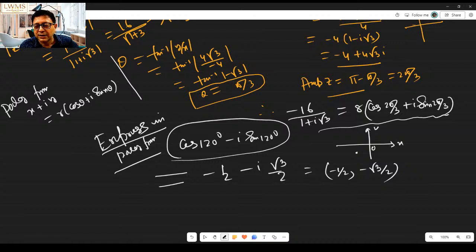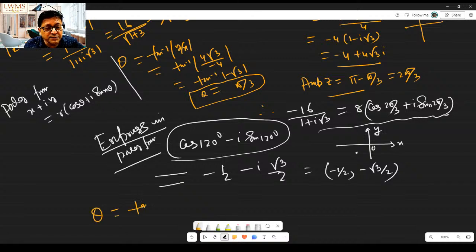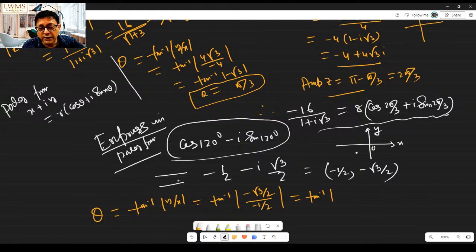This is x, this is y. So in this quadrant it will be theta minus pi. But what is theta here? Let us find theta. Theta we have defined for this form as tan inverse of mod y by x. There is tan inverse mod of minus root 3 by 2 over minus half, which is tan inverse of root 3.